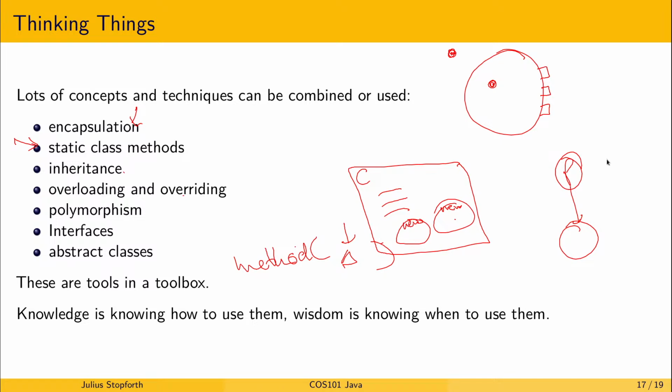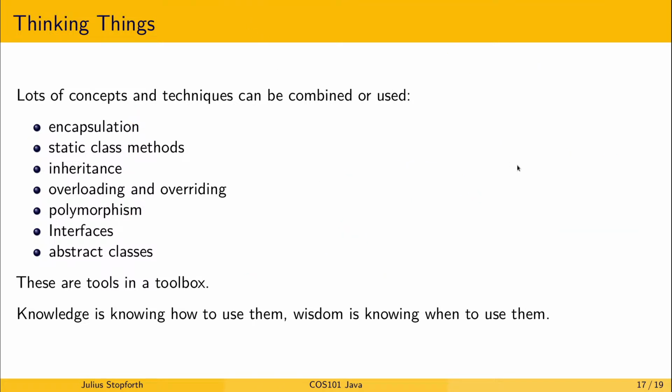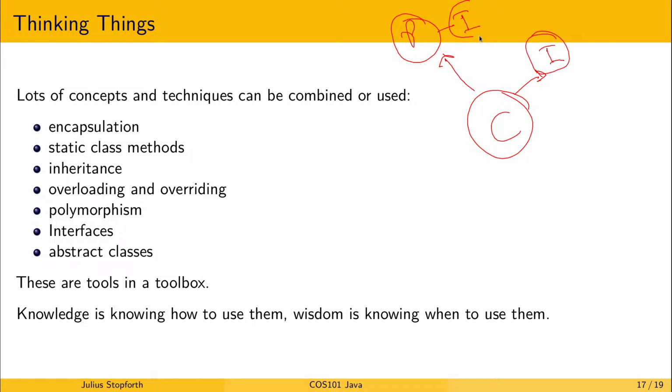Overriding being if we had a method in the parent, we re-implement it in the child or the subclass. We had this idea of polymorphism, where a certain class can be treated as any of its ancestors, or any of the interfaces it implements, or any of the interfaces of its parents.